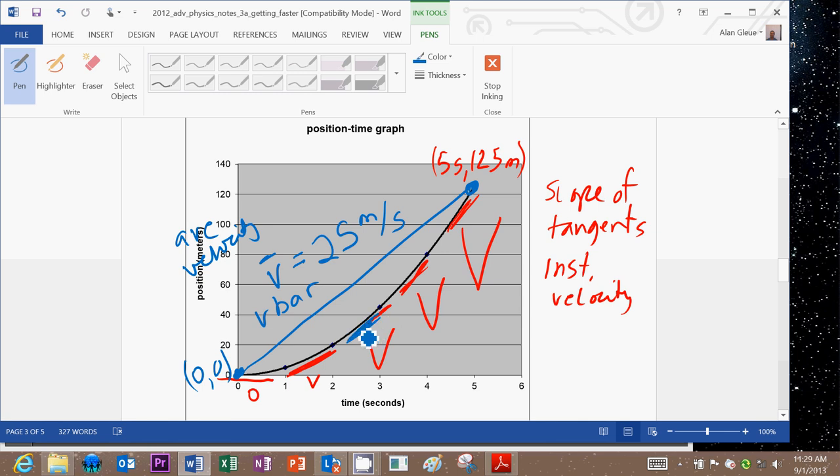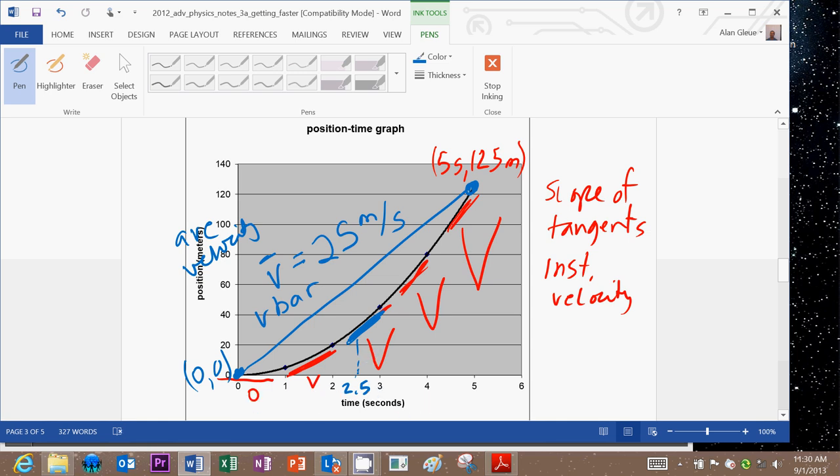Well, only for an instant, right? If we draw the tangent line that's parallel to that line, that would represent the time that it's going the average speed. So we know that's got to be 2.5, because the car went for 5 seconds, and that's the midpoint.